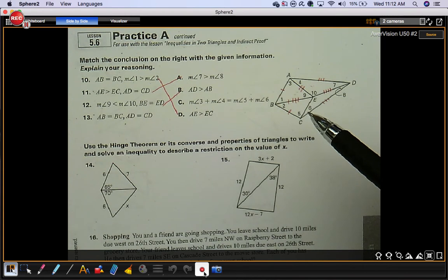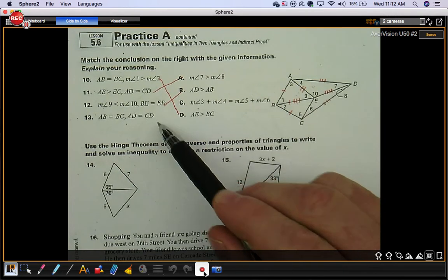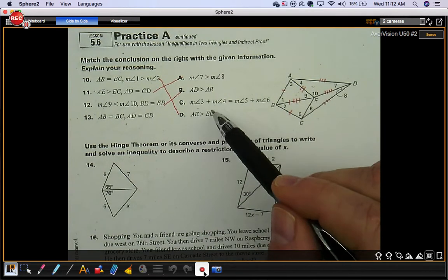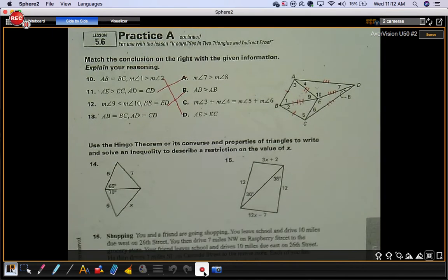I'm not seeing it. I don't know that you can make that assumption, to be honest with you, because these aren't even triangles. Okay, so obviously this one is matched up with this one, but I don't know that I agree with that. In fact, I don't think you can make that statement at all.